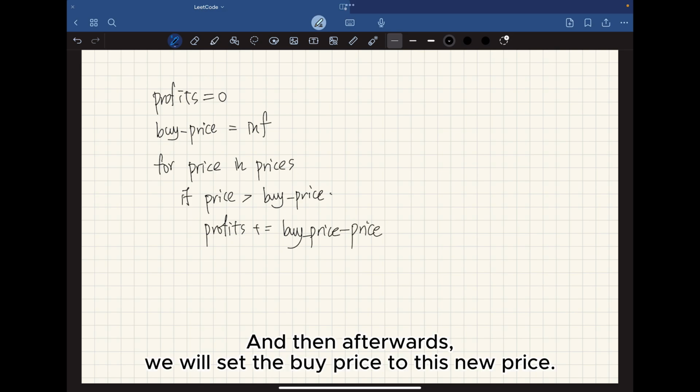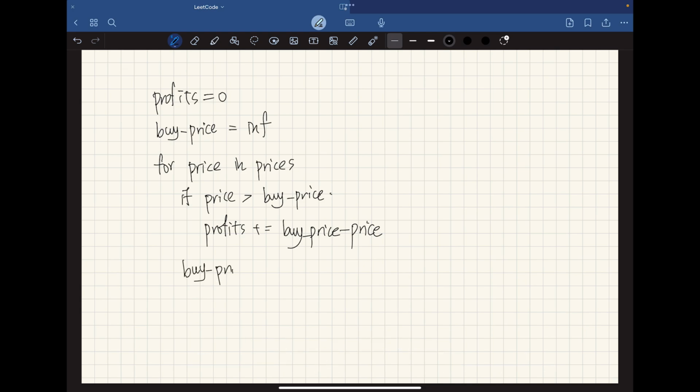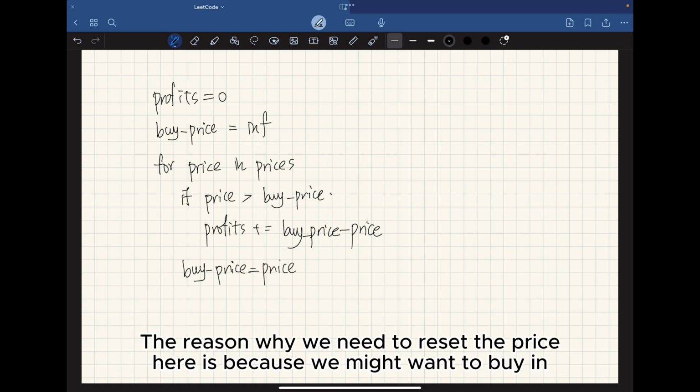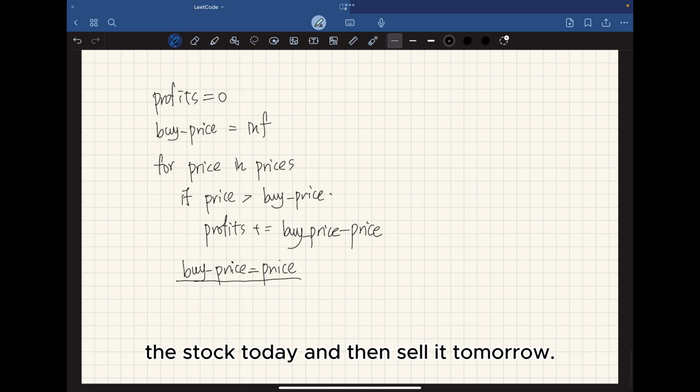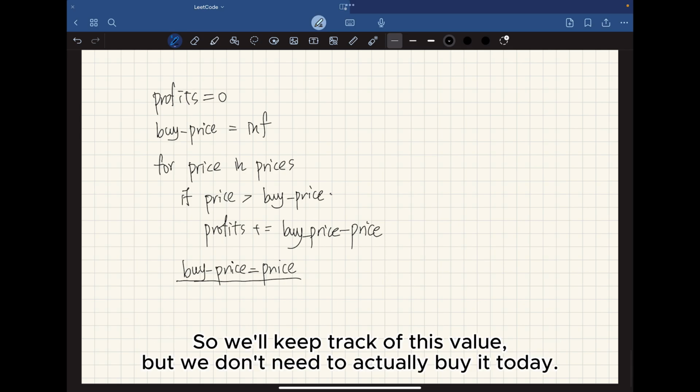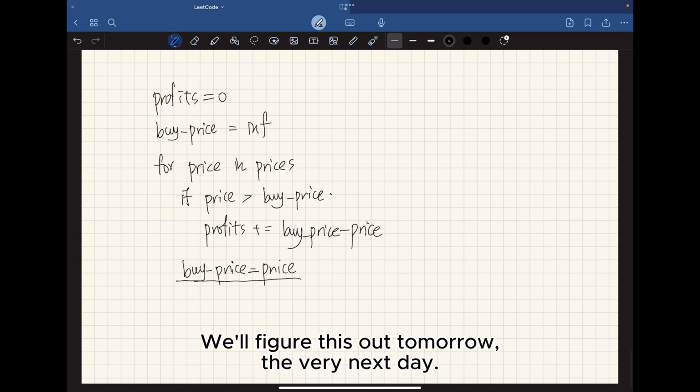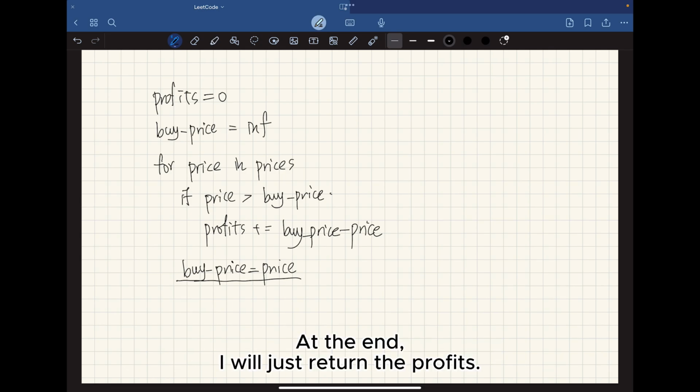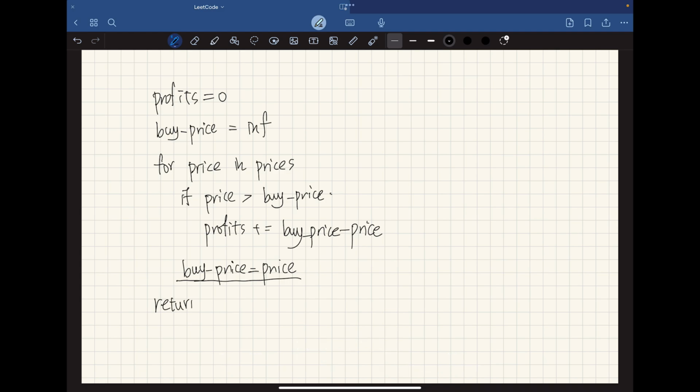And then afterwards, we will set the buy price to this new price. The reason why we need to reset the price here is because we might want to buy the stock today and then sell it tomorrow. So we'll keep track of this value, but we don't need to actually buy it today. We'll figure this out tomorrow, the very next day. At the end, I will just return the profits.